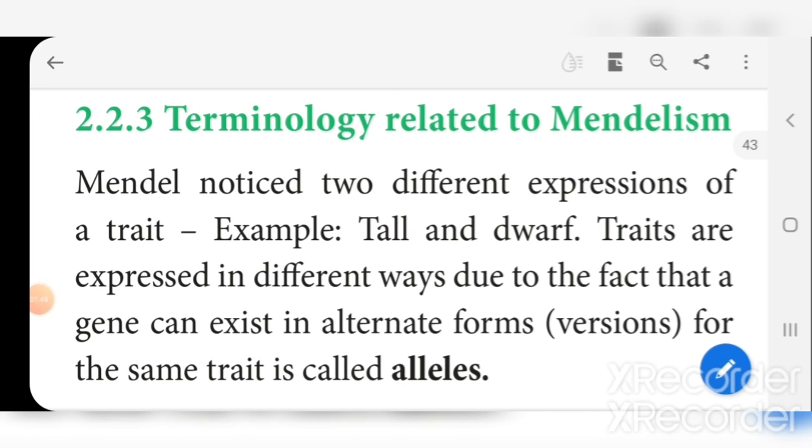Next we are going to deal with the terminology related to Mendelism. Mendel noticed two different expressions of a trait, for example tall and dwarf. Traits are expressed in different ways due to the fact that a gene can exist in alternate forms.